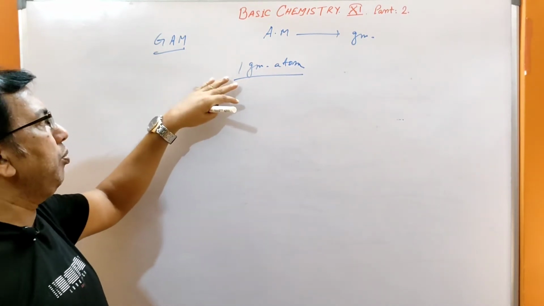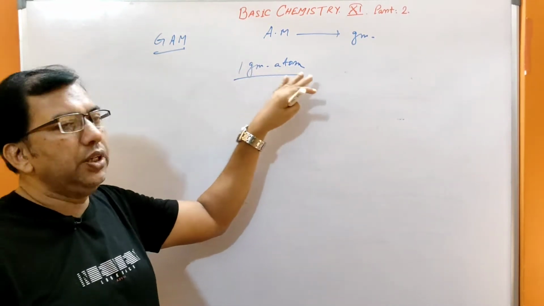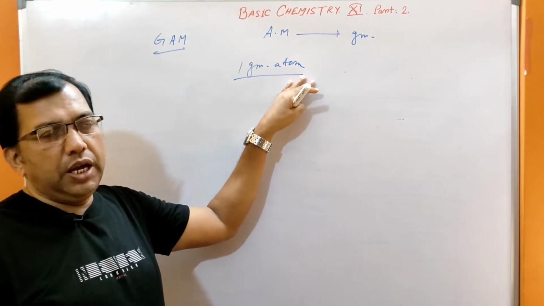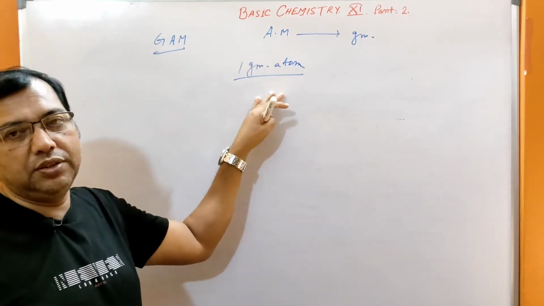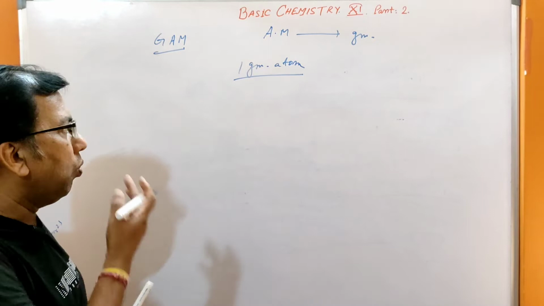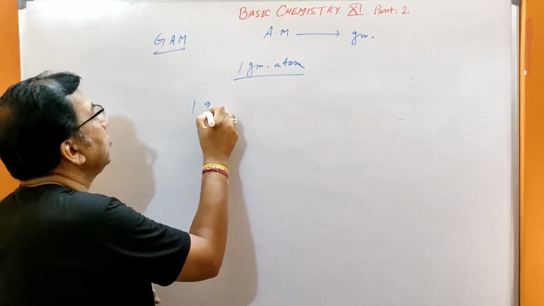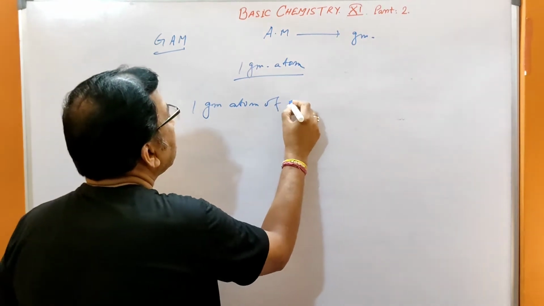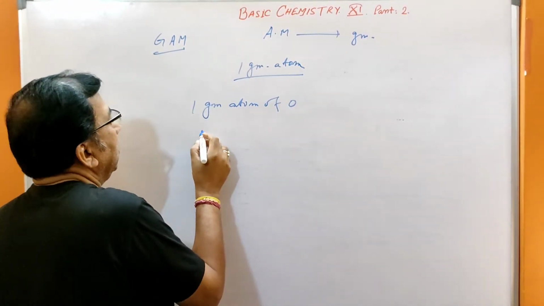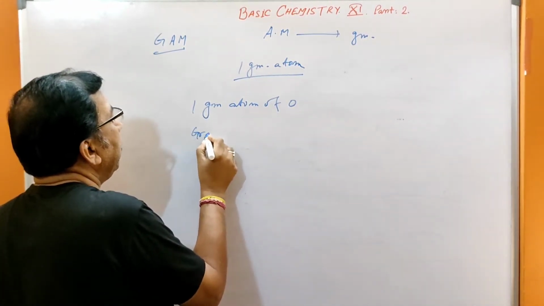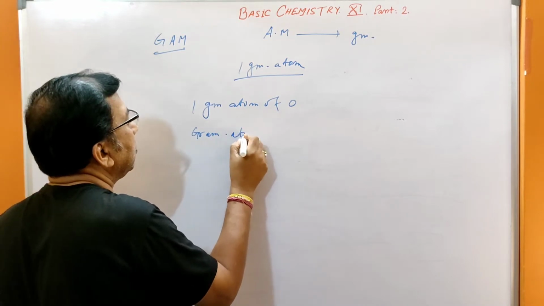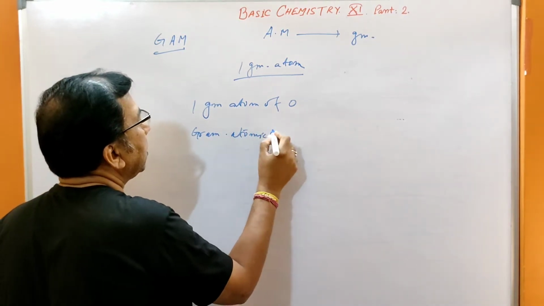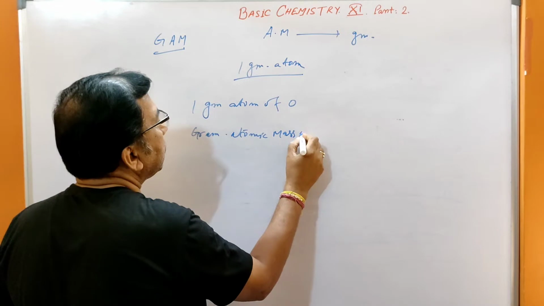So what do you mean by 1 gram atom of oxygen, or gram atomic mass of oxygen?